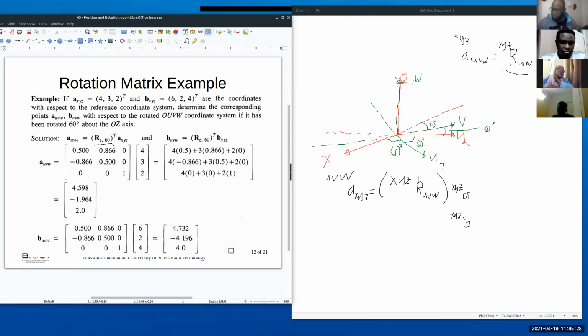Because now what is the equivalent computation? When you take the transpose, that's the same as saying that we are taking the X, Y, and Z of R, U, V, W. When you're taking the transpose, it's the same as saying that you're taking the inverse, right?